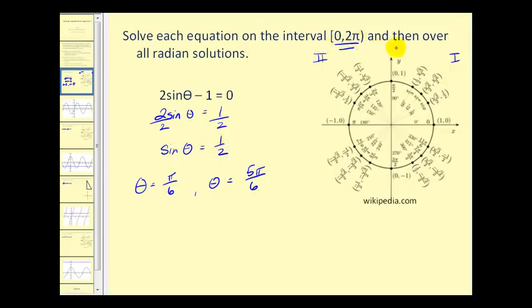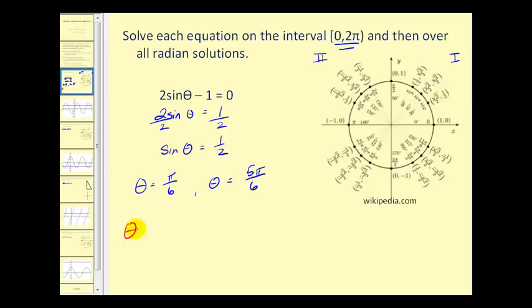Now if we want to find all radian solutions, remember that the period for the sine function is 2 pi radians. So if we take this angle and add any multiple of 2 pi radians, we'll have another coterminal angle with this angle, and therefore it'll have the same sine function value.